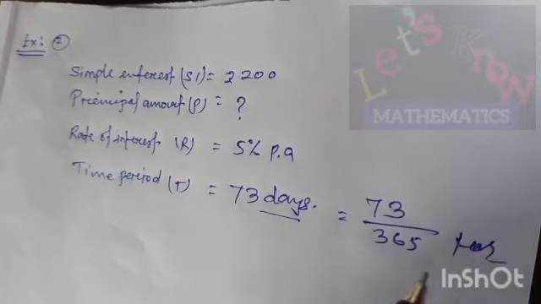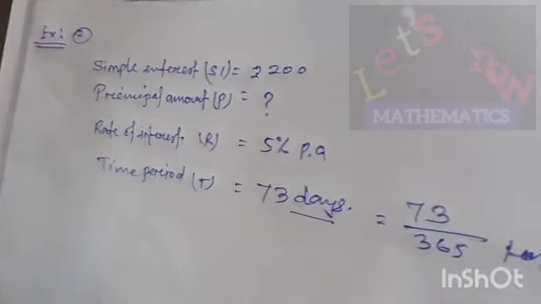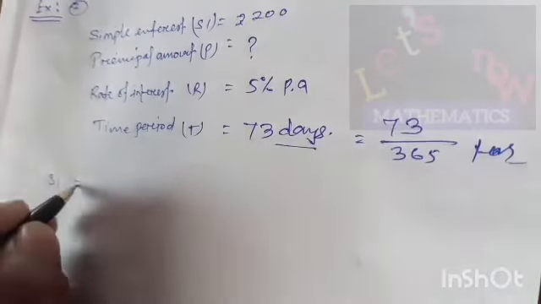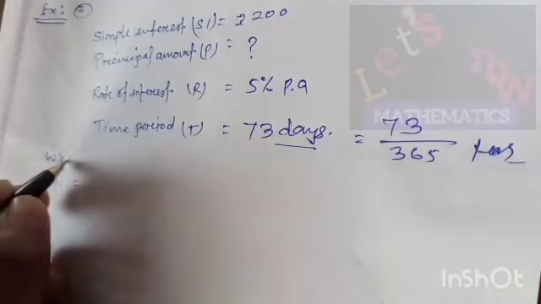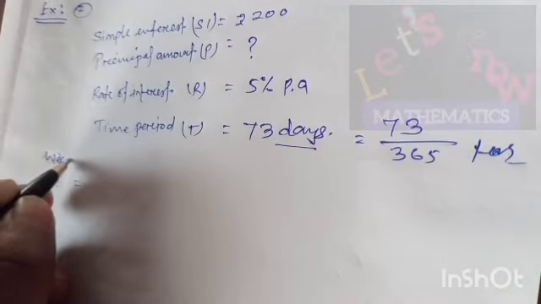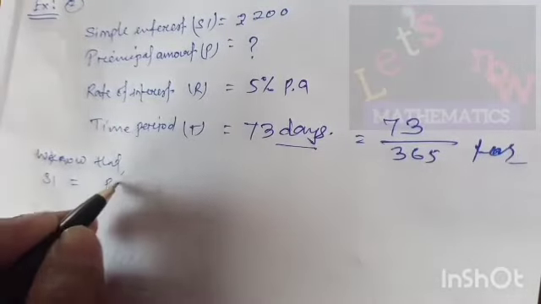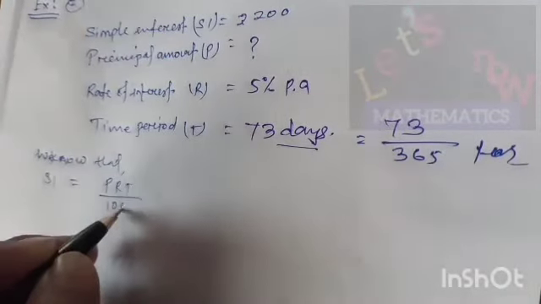Now see, this principal amount we need to find, right? We know that SI is equal to PRT by 100.